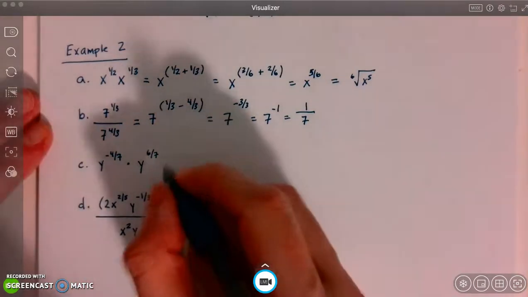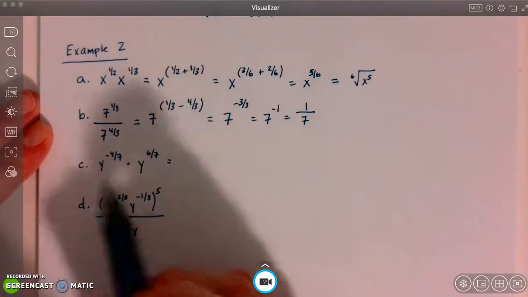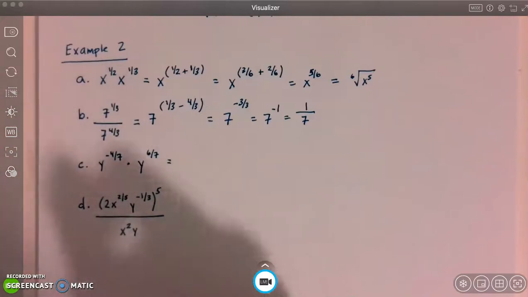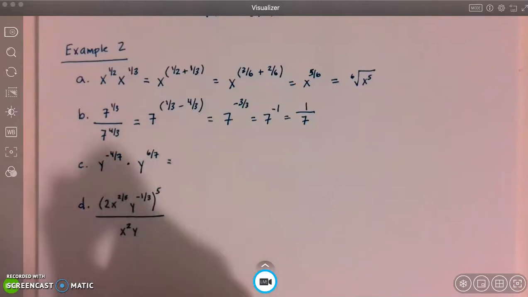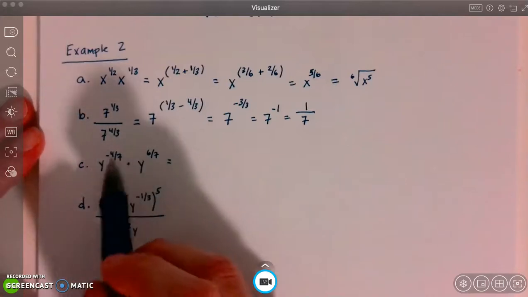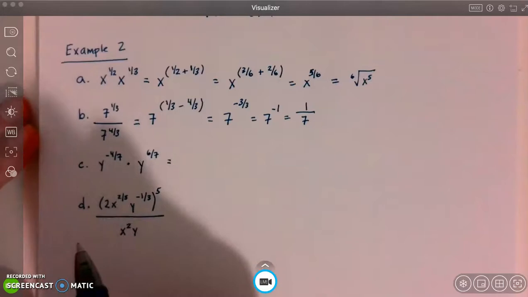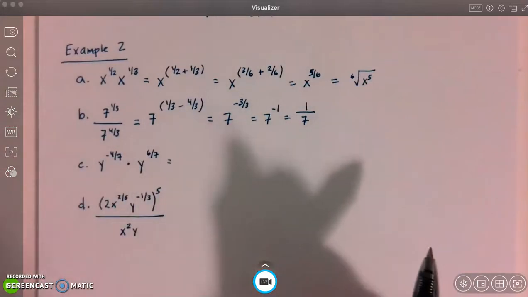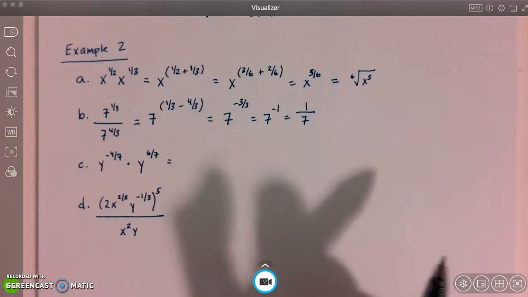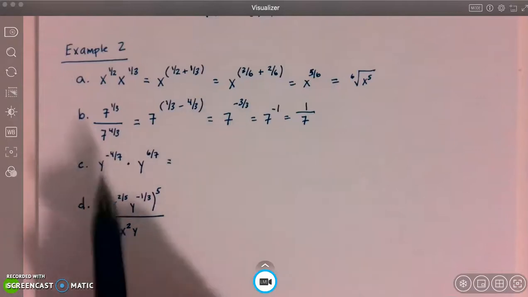In example C, notice that we do have a negative exponent here, but before I start reciprocating right away, I'm going to take a look at the problem as a whole. Because these bases are multiplying, if you plan ahead, you can see that if you add these exponents, you completely get rid of any negative exponent, because we're going to end up with a positive exponent. So I'm not going to reciprocate. In this case, it's going to be easiest to just go ahead and work with that negative.